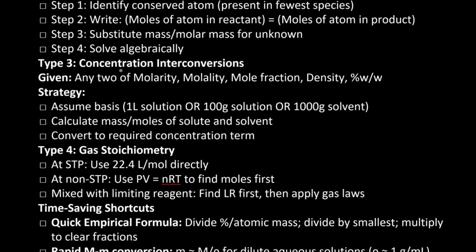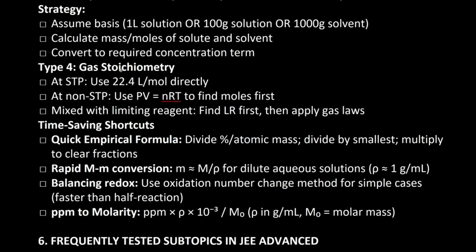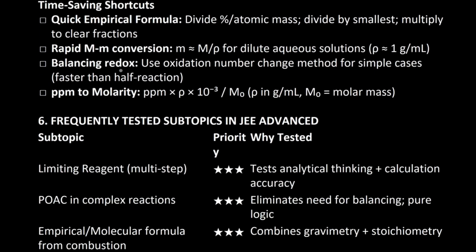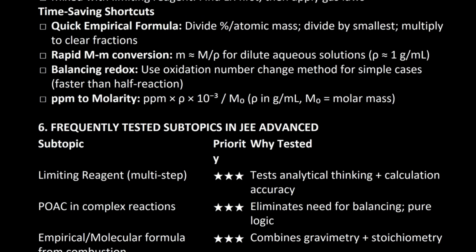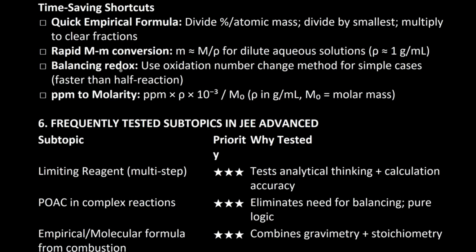And we have concentration interconversion kinds of problems, and gas stoichiometry mixed with the limiting reagent kind of questions. And we come to the time saving shortcuts. That's very important, right? So divide the percentage by the atomic mass, divide by the smallest number and multiply to the clear fractions to get the empirical formula.